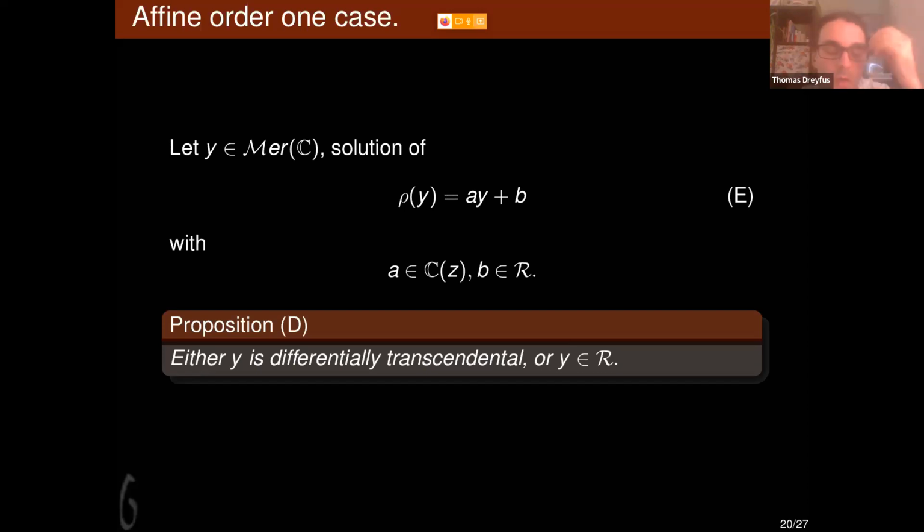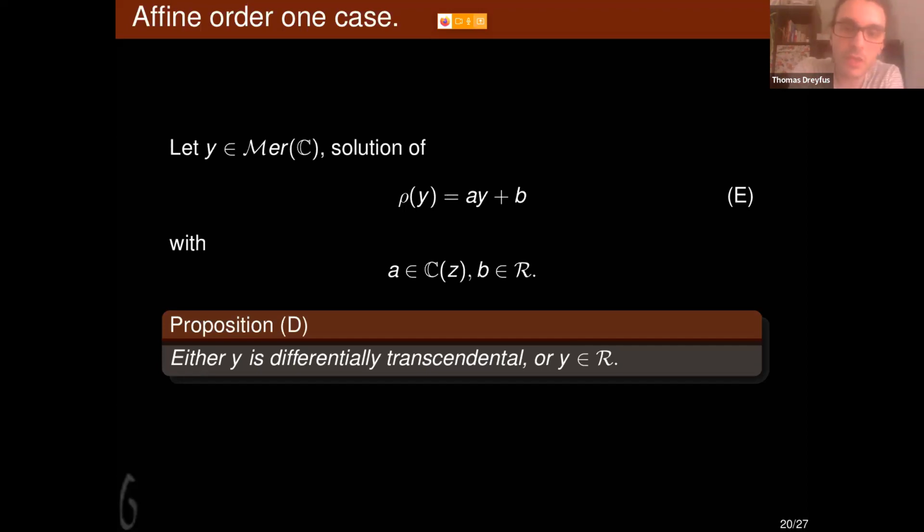So if we take B a rational function, you may iterate the whole equation, and then you will find a homogeneous equation of order 2. So when B is a rational function, we are in the setting of the framework in the case order 2.